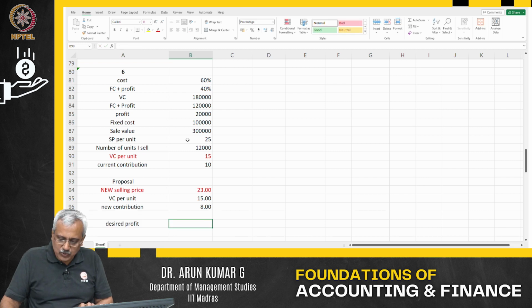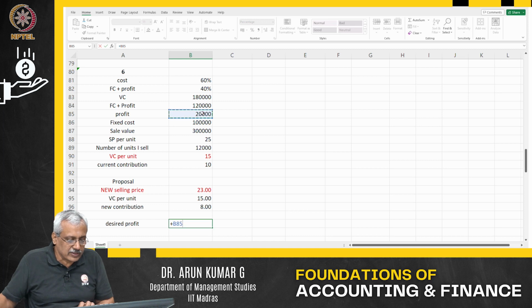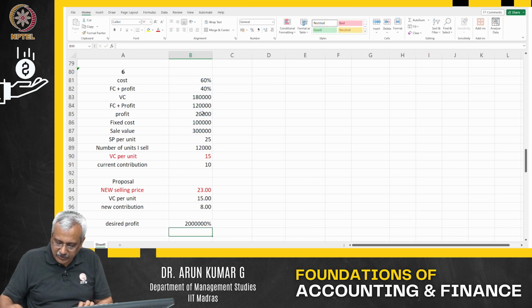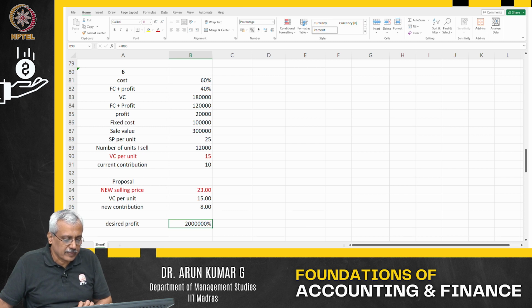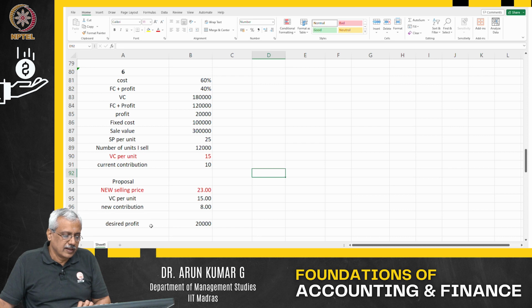Desired profit is the same 20,000 which was given earlier. This is not in decimals, this is not in percentages. One second. It's 20,000. My fixed cost is known.